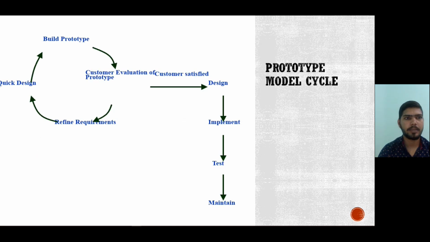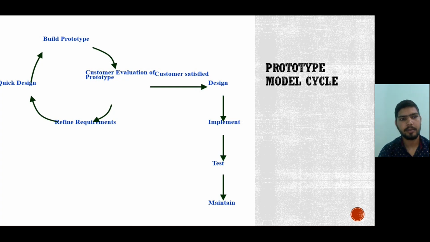Here is the life cycle of the prototype model. First, build the prototype with a quick design. We gather the customer needs and create a quick design, then build the prototype after the quick design. If the customer is satisfied with the design or the built prototype, if the customer is okay, then we go to the design phase.